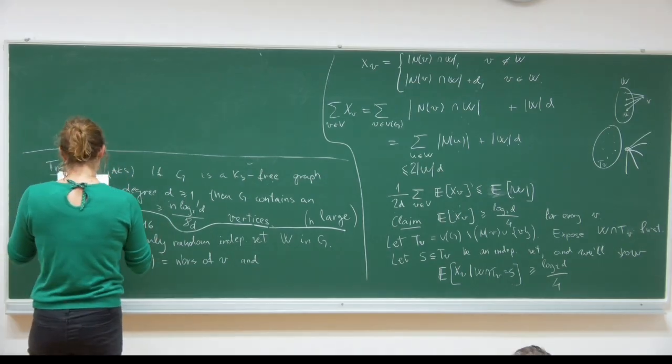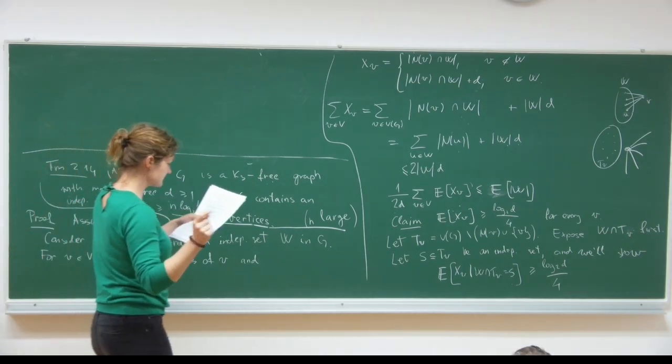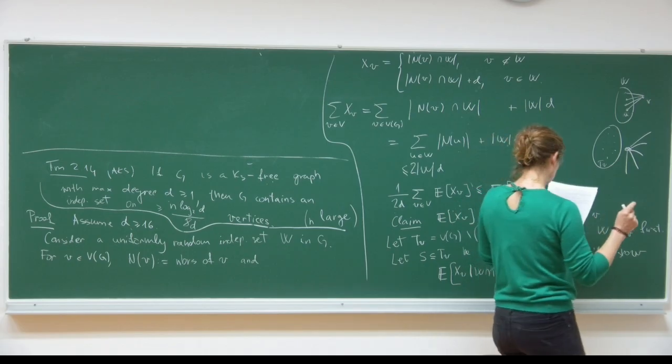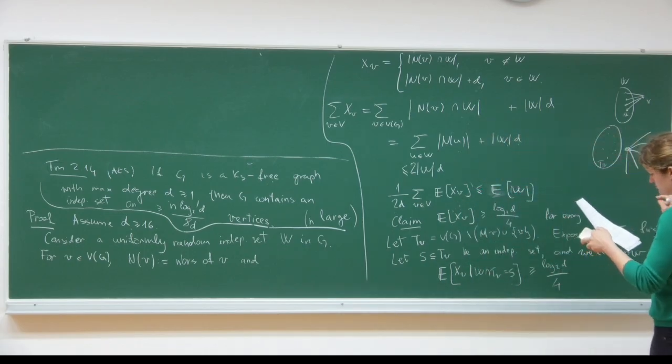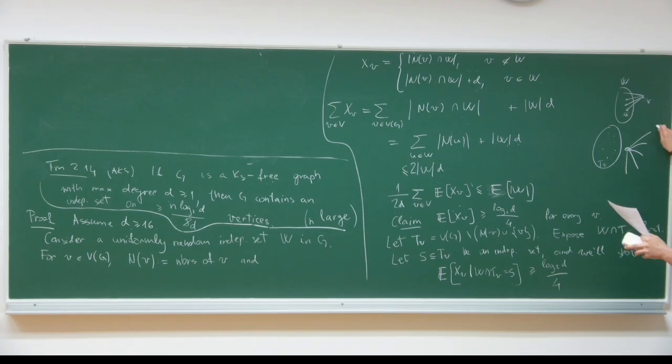So now, to analyze this, the important observation is that we're interested in the rest, so how does W intersect with the neighbors of v? And the important thing is that these are an independent set because our graph is triangle free.